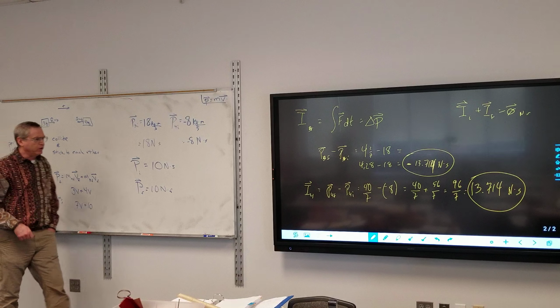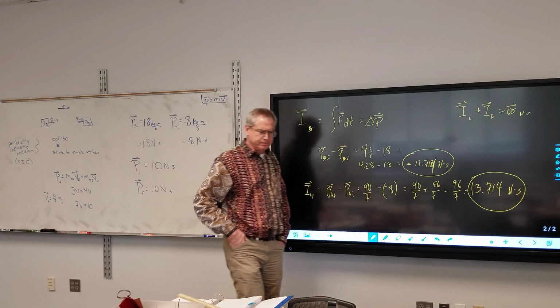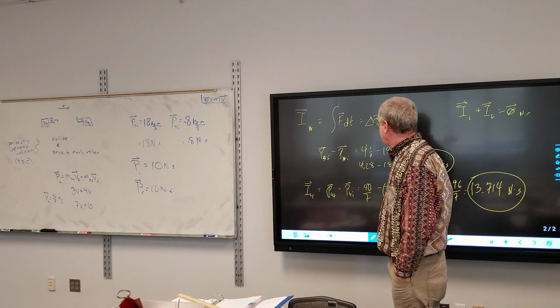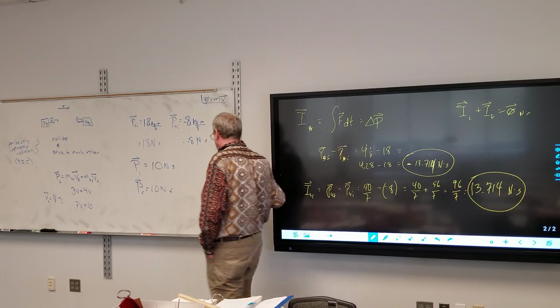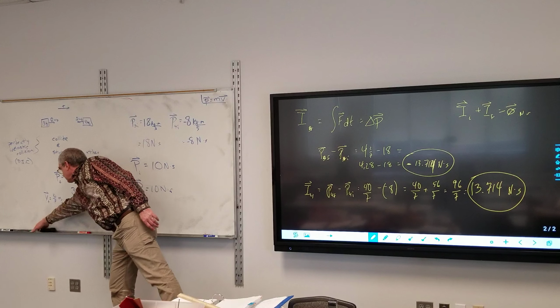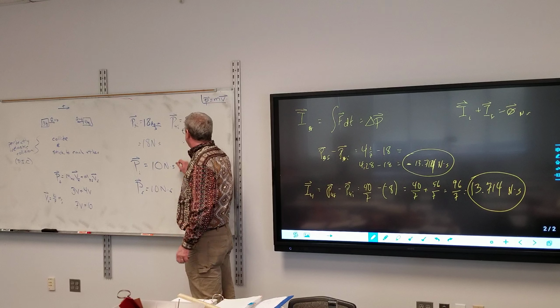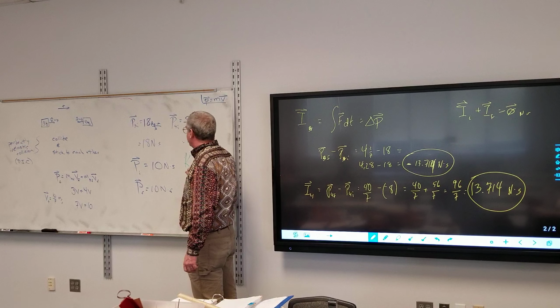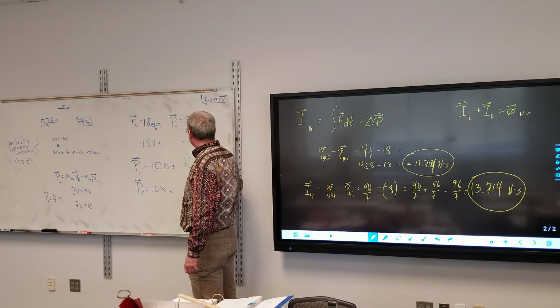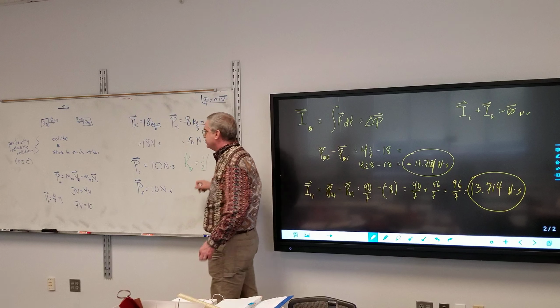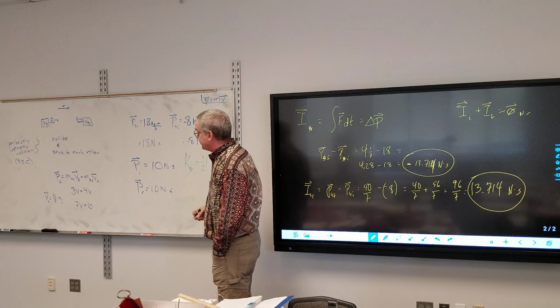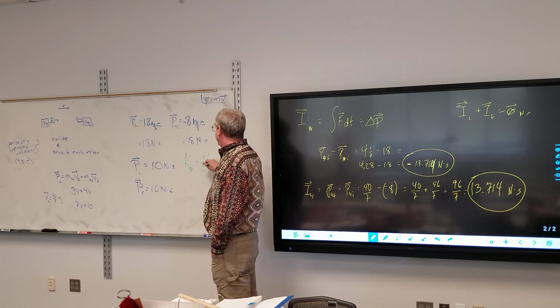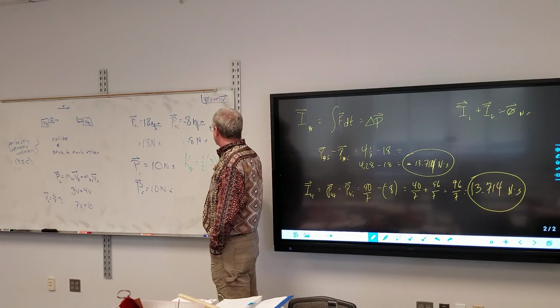All right, one other thing I want to look at here is the kinetic energy. My initial kinetic energy of the 3 kilogram mass, you know the formula, you should be able to scream it in your sleep. 1/2 times 3 times 6 squared.